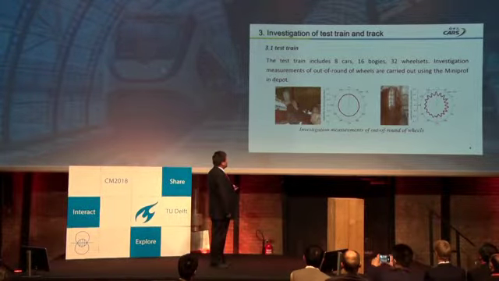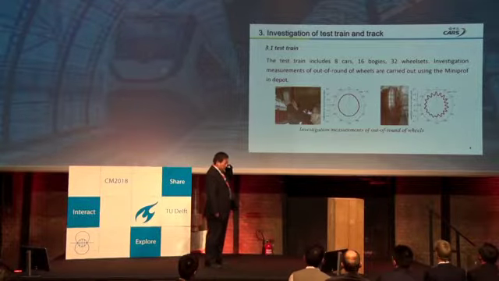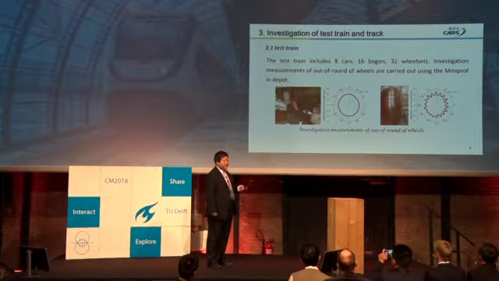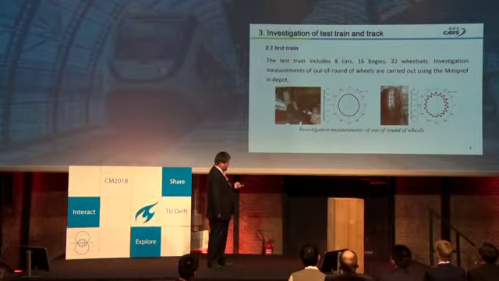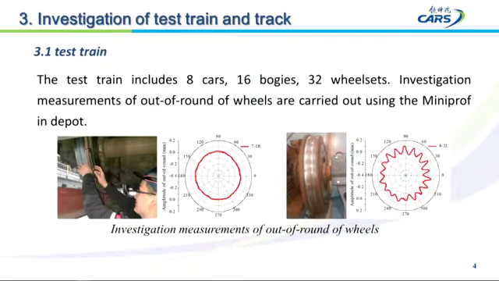The left picture shows the measured results of cars 1 to 7, and the right picture shows the wheels of the last car, the 8th car. From this picture, cars 1 to 7 are fine, and the wheels of the last car are polygon wheels.